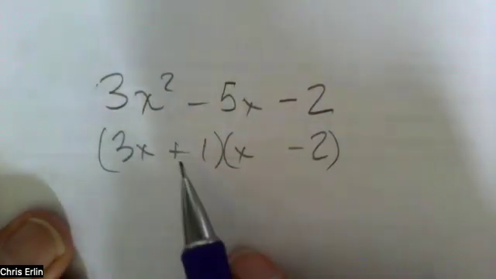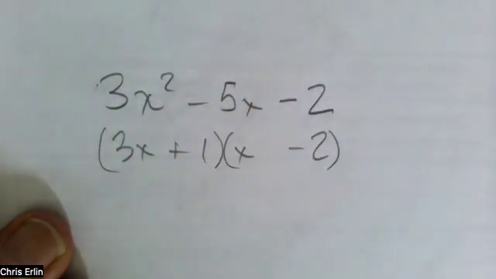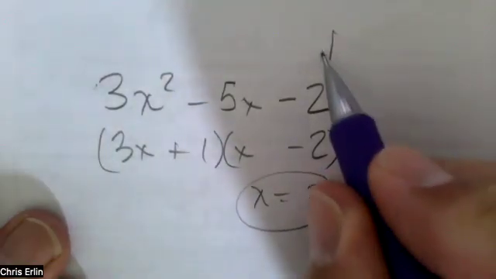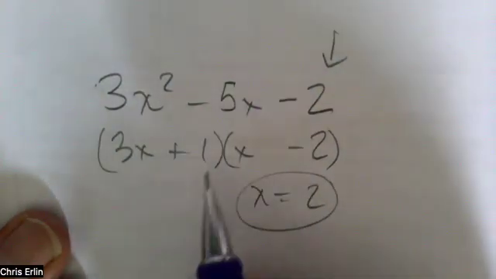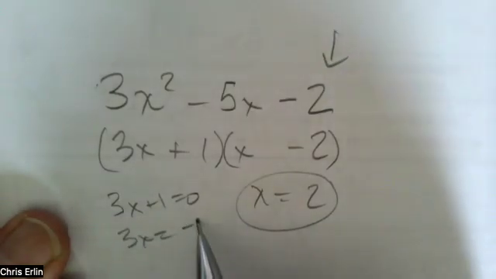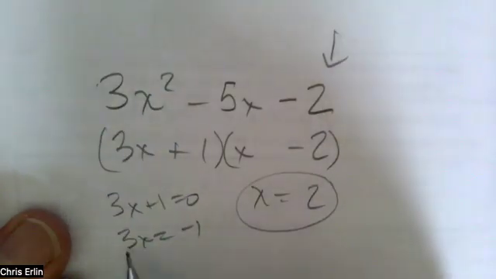So I get 3x squared plus 1x minus 6x is minus 5x minus 2. When I find my zeros, I'm going to get x equals 2, which is a factor of this. But I'm also going to get 3x plus 1 equals 0, 3x equals -1. That's a factor of the final constant term. But I'm going to have to divide that one by 3.